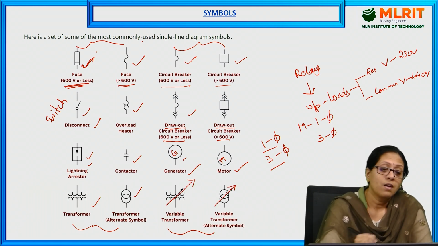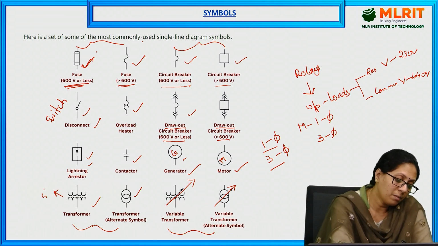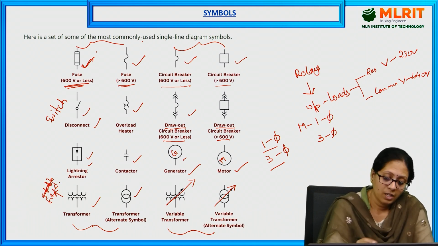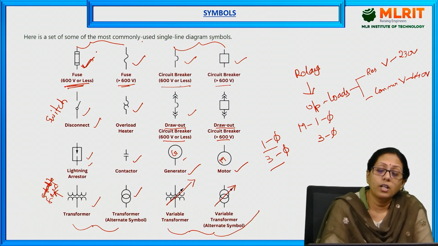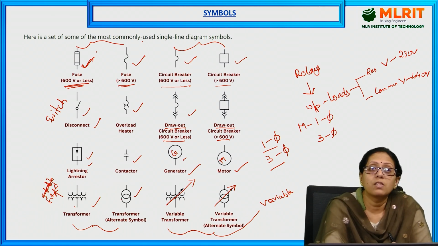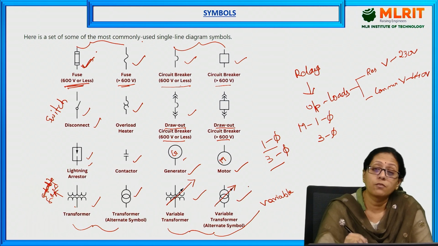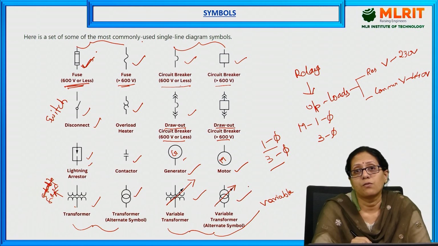Without arrow mark, this one you call it as stable or fixed transformer. These two you can call it as variable transformer. These two are the symbols for fixed transformer and these two are the symbols for variable transformer.